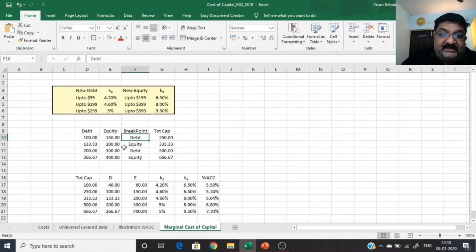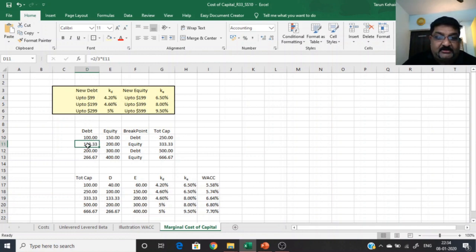Now, next, the moment the equity touches 199, which is basically 200, the cost of equity will change, and the debt will therefore be 2/3 of equity, since you are maintaining a debt equity ratio of 2:3.